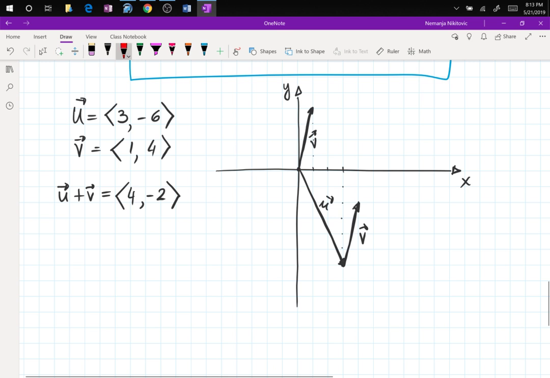And now, if I connect from the origin to where the arrow ended, I will have the u plus v vector. And if you take a look at the coordinates for this one, because it's done on a square grid, you see that the coordinates are 4, negative 2. So we can add vectors graphically. And if you take physics and you do the force tables and all these things, you probably have already seen all of this stuff. As I said, I'm wasting your time, but it's the first lecture, so give me that much, please.